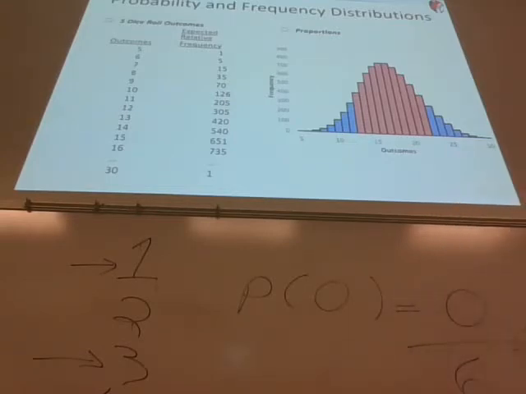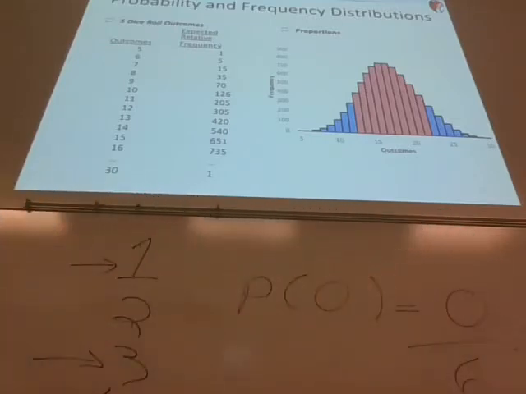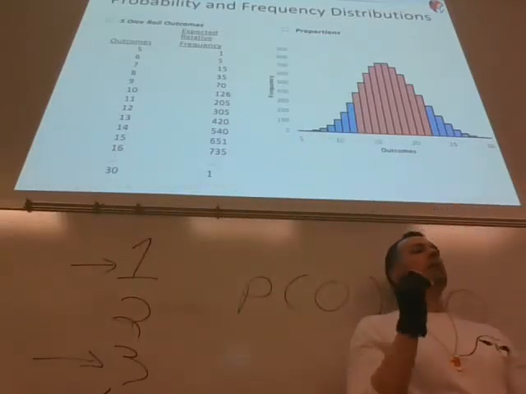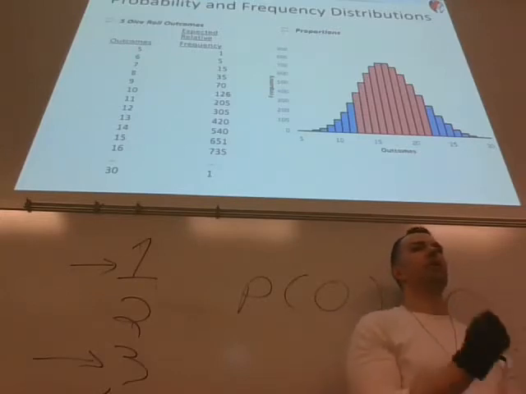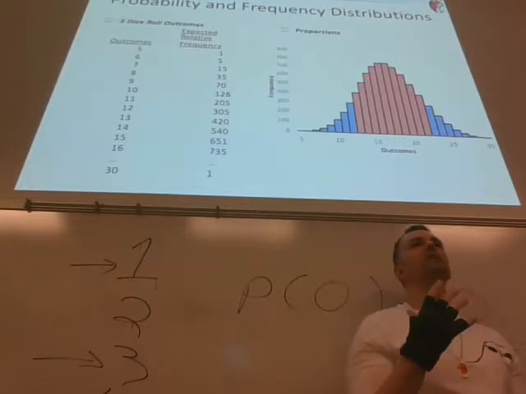So I alluded to this before. Let me just mention it right now. This normal distribution, this bell curve, also known as the Gaussian distribution, is something that occurs over and over and over in our universe, especially if you take a sample.